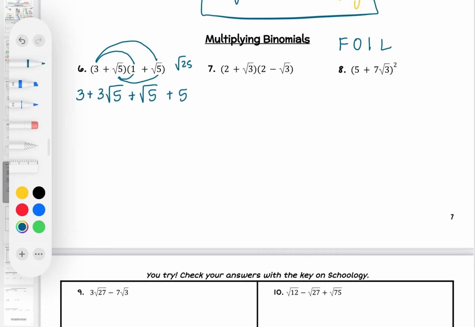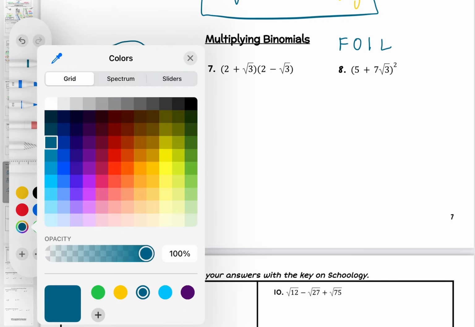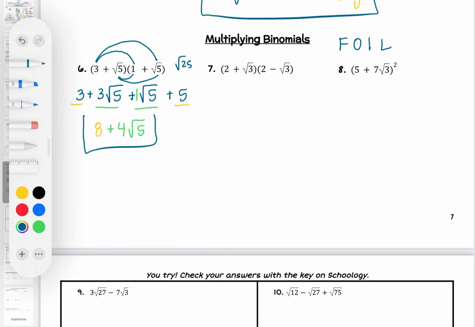So we can go ahead and add these two numbers because those are like terms. They're just normal numbers. So we'd have 8. And then we can go ahead and add these two numbers because they have the same radicand. And remember, we have that 1 in front. So we're going to do 3 plus 1, which is 4. Square root 5 stays the same. And that would be our final answer.